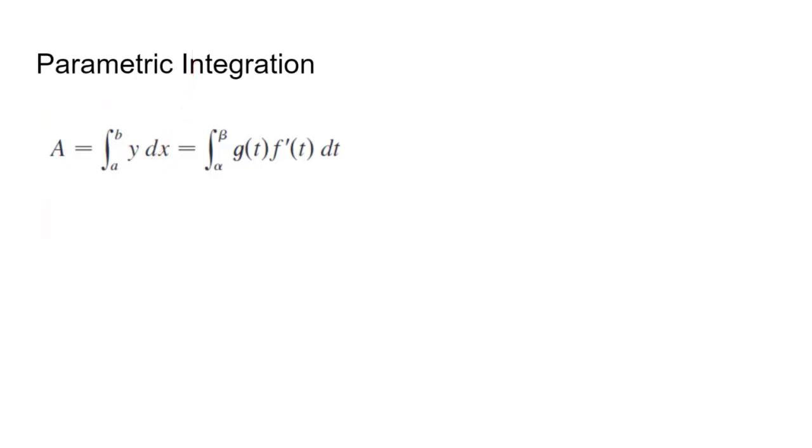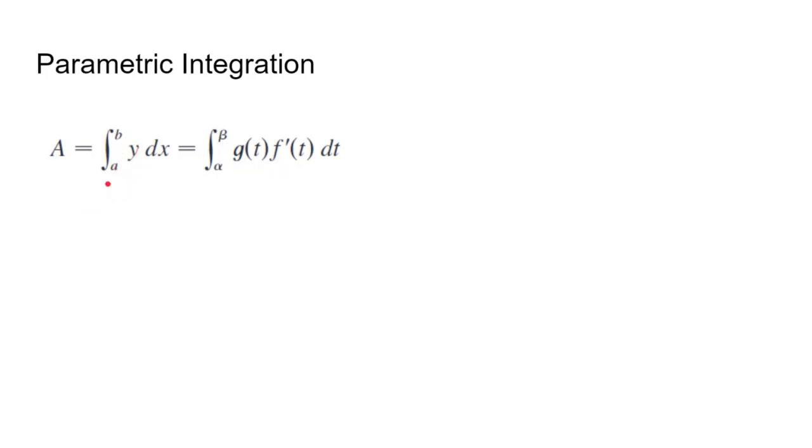So we have a similar formula for area when we have a parametric curve and we're trying to find the area between the y-axis, the other axis, and the curve. In which case we would change y.